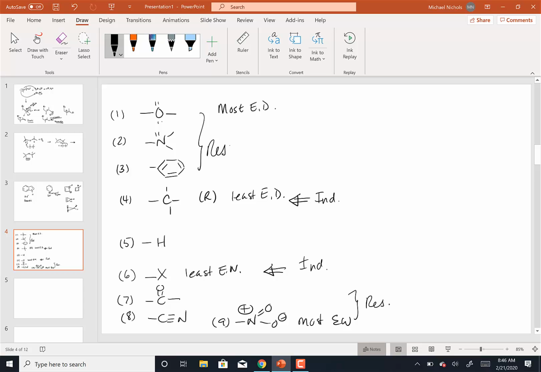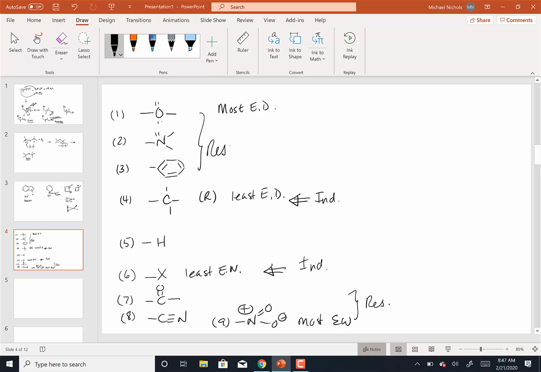It tells me that the groups that are in the middle, the least donating and the least withdrawing, that are on either side of the hydrogen, which is neither, are induction. And once we go past the induction and we start getting more electron withdrawing on the bottom or more electron donating on the top, then it's the more powerful resonance that comes into play.